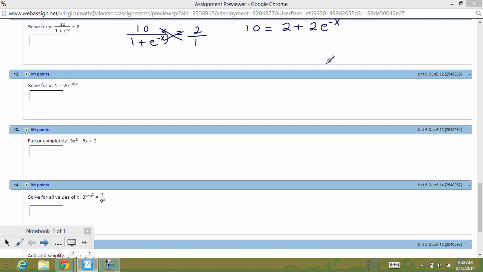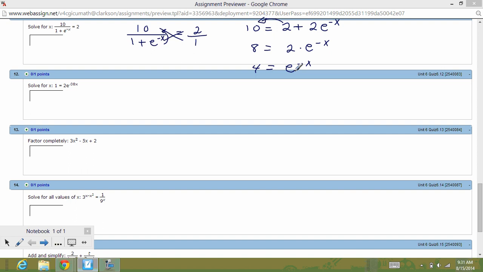All right. So if you're okay with that, we'll now move the 2 to the other side by subtracting. You get 8 equals 2 times e to the minus x. This multiplied 2, I'll now divide and get 4 equals e to the minus x. And if everything's okay there, I have a variable exponent.